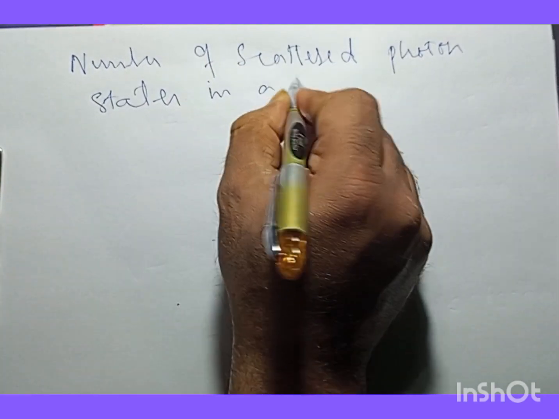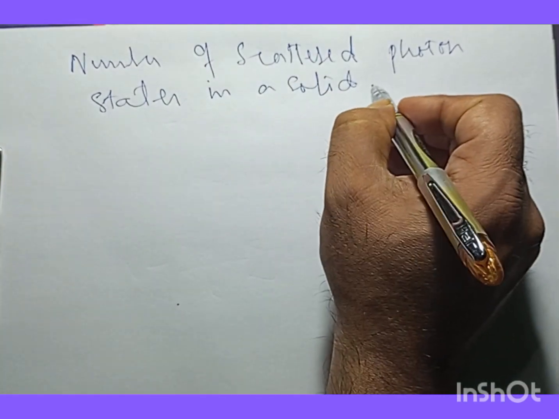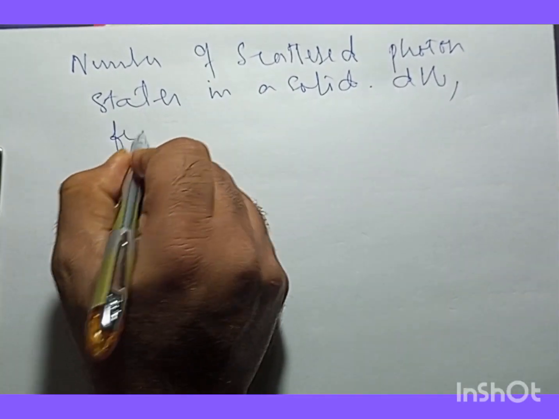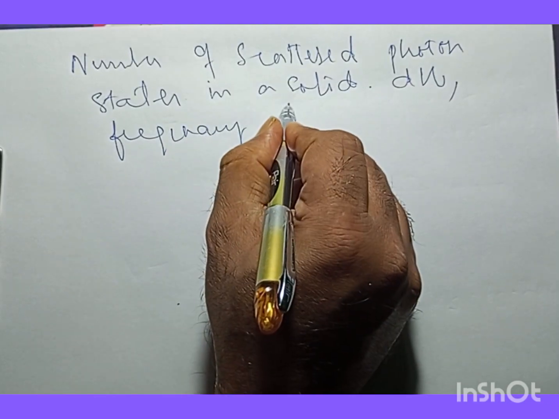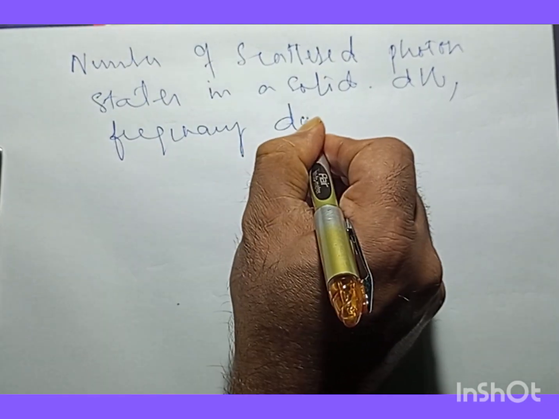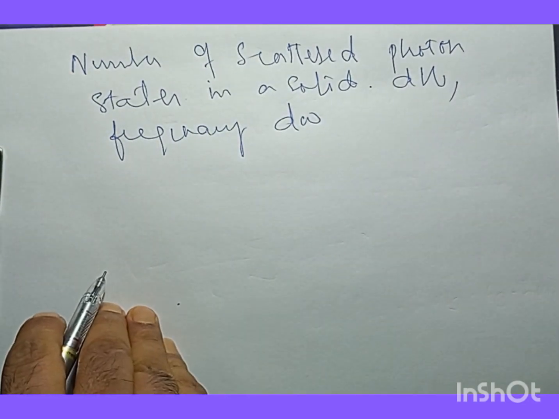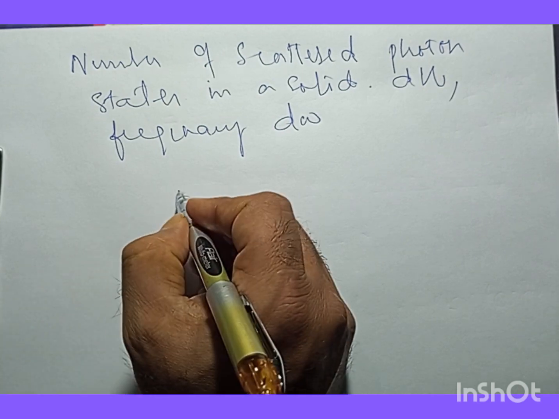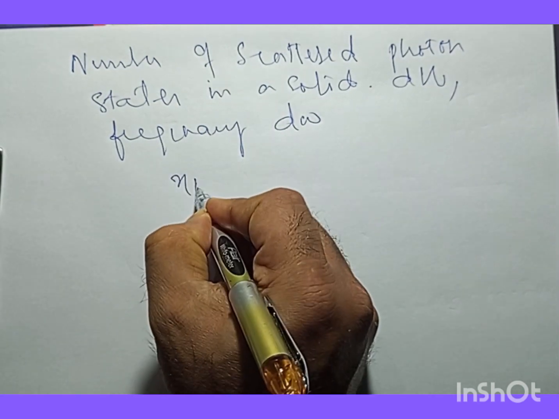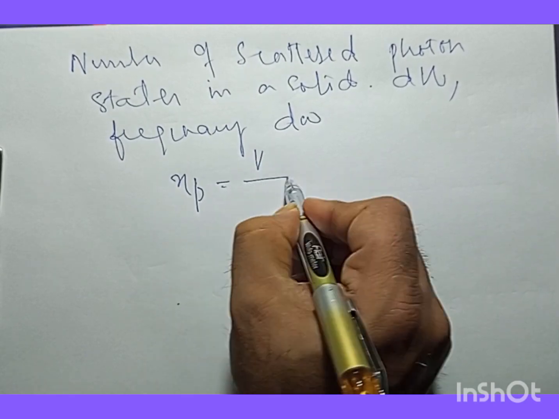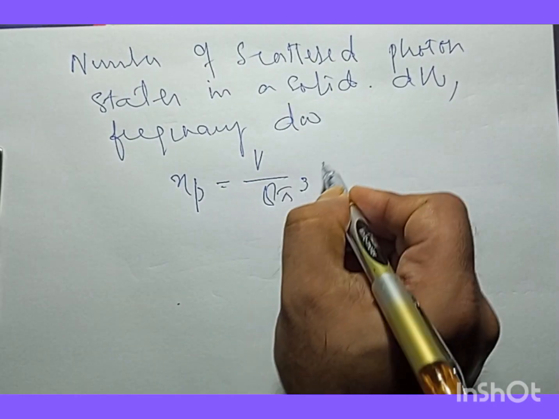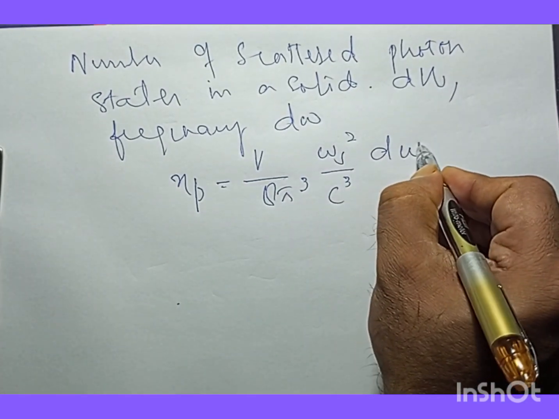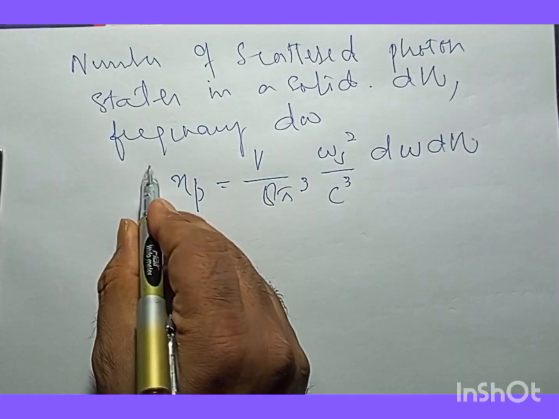In a solid angle dΩ and a frequency interval dω_s, the number of scattered photon states can be written as n(p) = V/(8π³) · ω_s²/c³ dΩ dω_s.